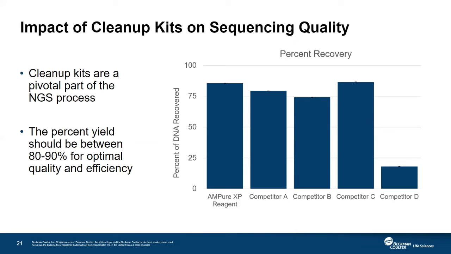If we look at the percent recovery, for optimal quality and efficiency of your NGS downstream, your percent yield should be between about 80 and 90%. And so if you look at Ampere and compare it to some of our competitors, we're on par or better than our competitors, much better than one of the competitors that you see on this table. But you will achieve that 80 to 90% optimal recovery with the Ampere kits.